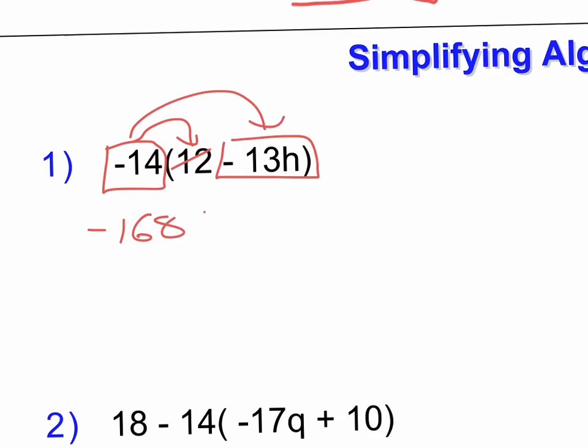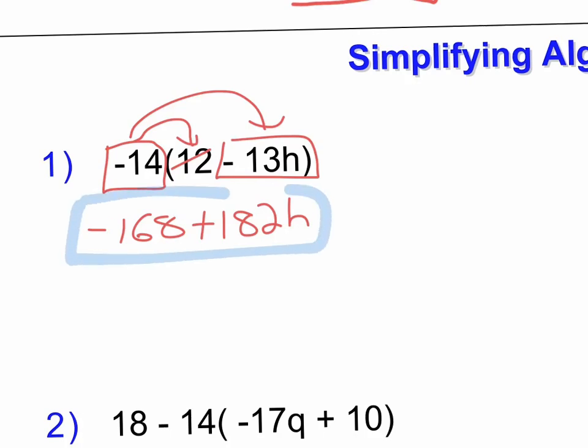A negative times a negative is a positive, and 13 times 14 is 182, and then you have that h also there. So all I did was distribute that negative 14 all the way through, and this would be my answer. So if I ask you to simplify, you would distribute that negative 14 all the way through.